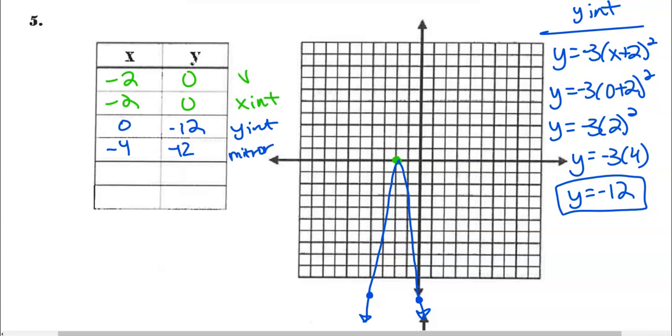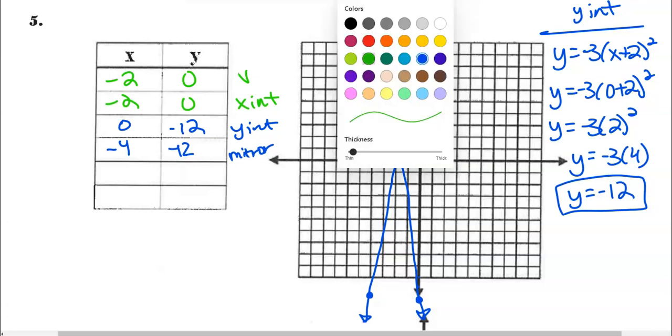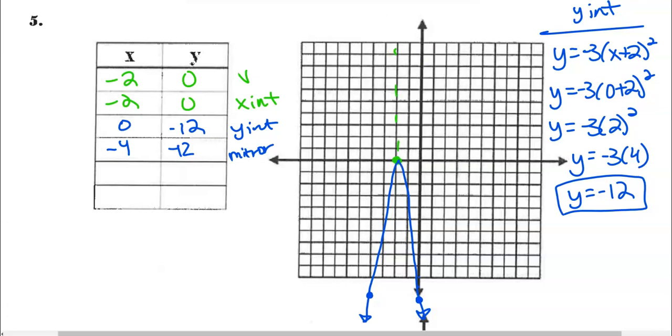Do y'all get how I do the mirror image, by the way? No? Some yes, some no? Okay. So what I do is I see where the vertex is. I noticed that this point at negative 12 was 2 away from the axis of symmetry. So I just went to my mirror in the middle and went 2 the other direction. So if this is at negative 2, I can go backwards 2 to negative 4.